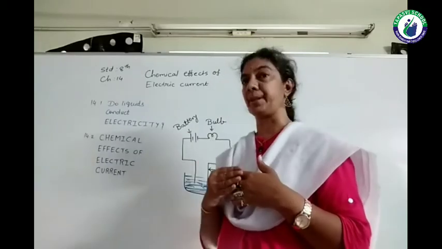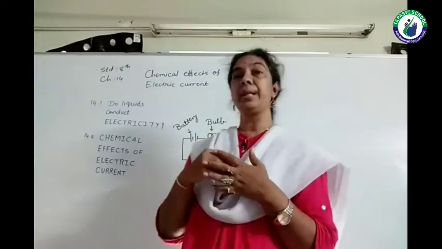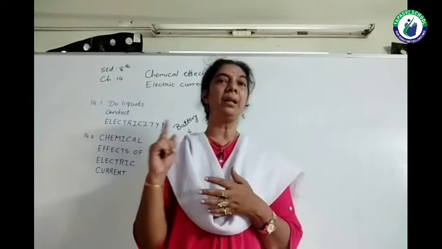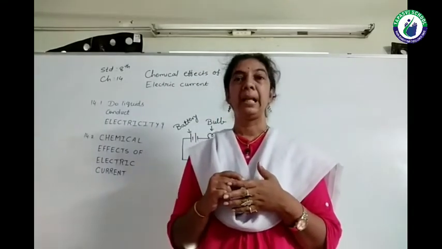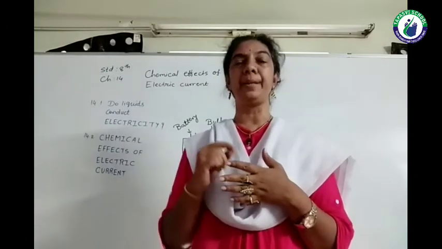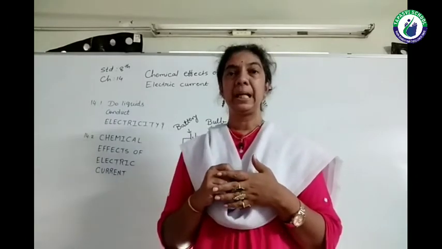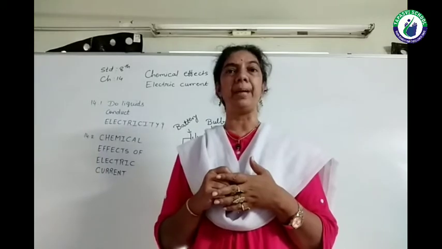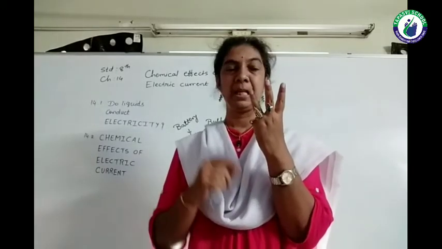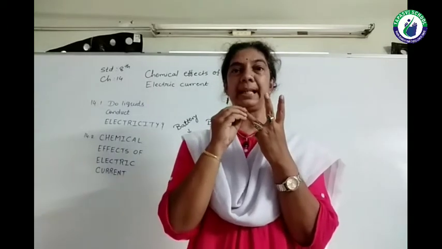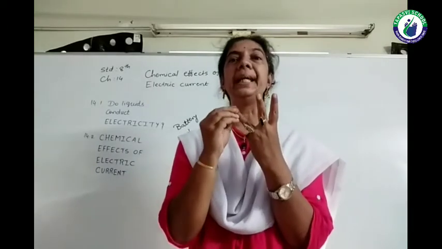In this chapter, we are going to discuss the chemical effects of electric current. Let me remind you, my friend, that electric current basically has three types of effect. First, electric current can heat.